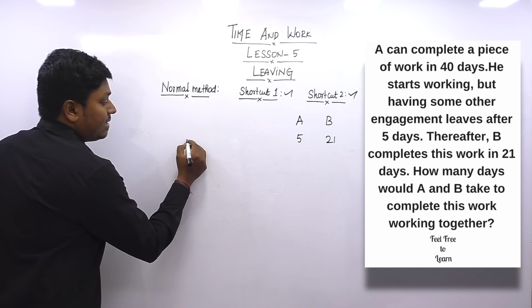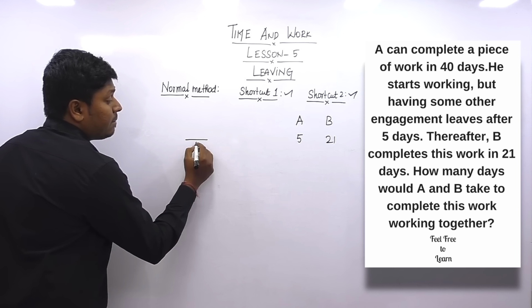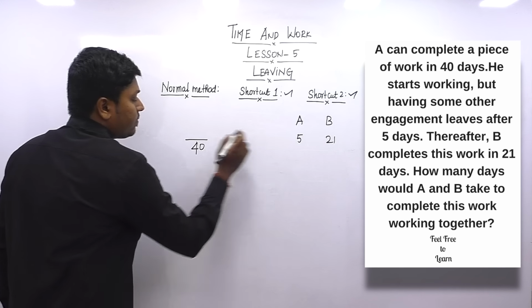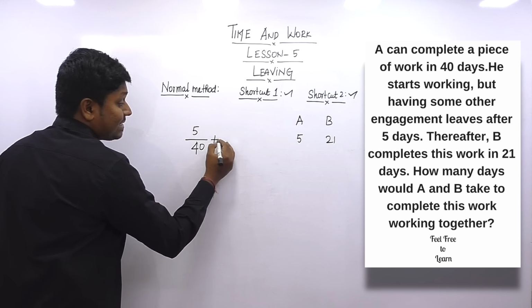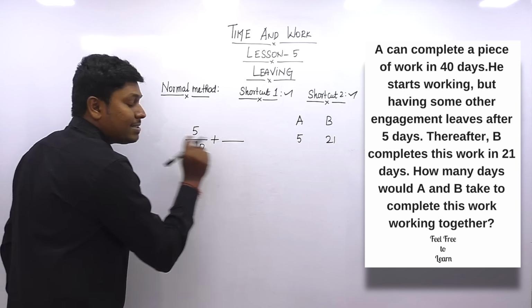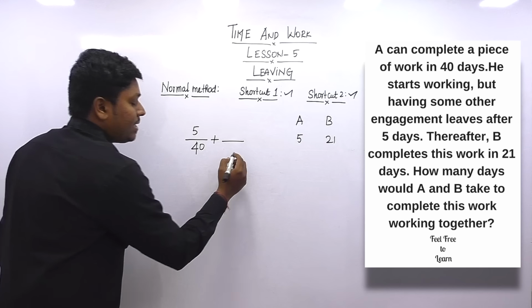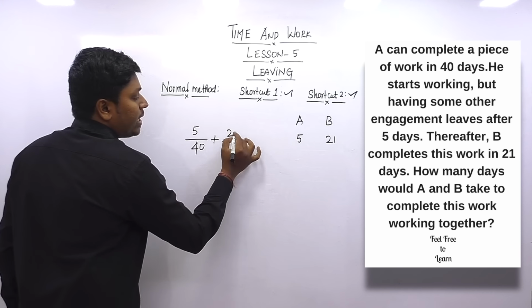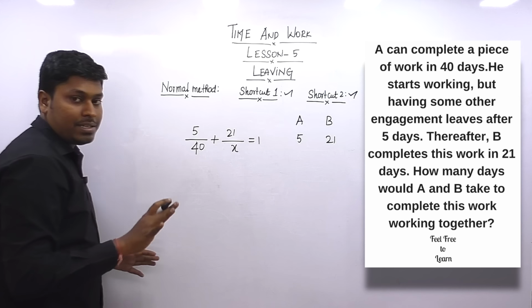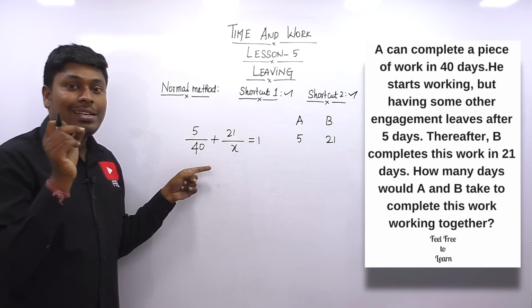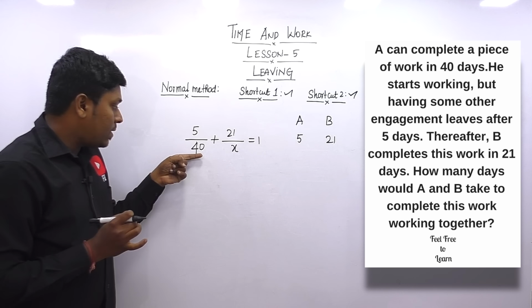But here, listen carefully. A alone can complete the job in 40 days. Out of 40 days, A worked for how many days? 5 days. Next is B, which is most important. We don't know how many days B alone takes to complete the work. So better we keep it as X, out of which B worked for 21 days to do the job. Friends, understood? Usually the denominator will be how many days A alone takes to complete the work: 40 days.